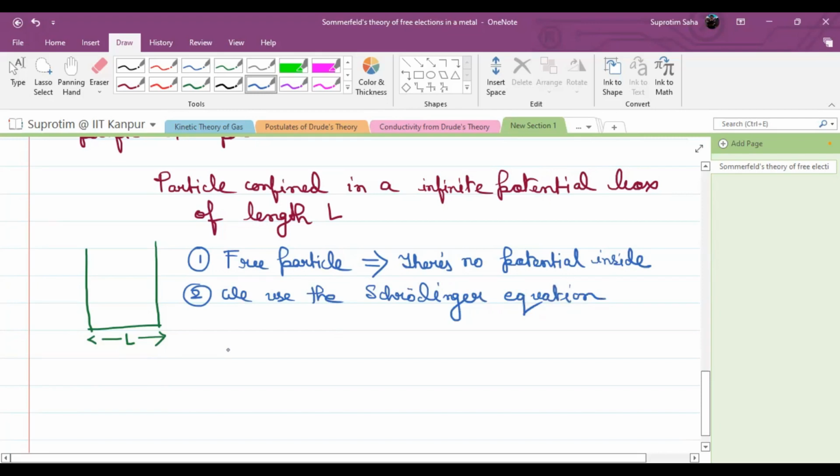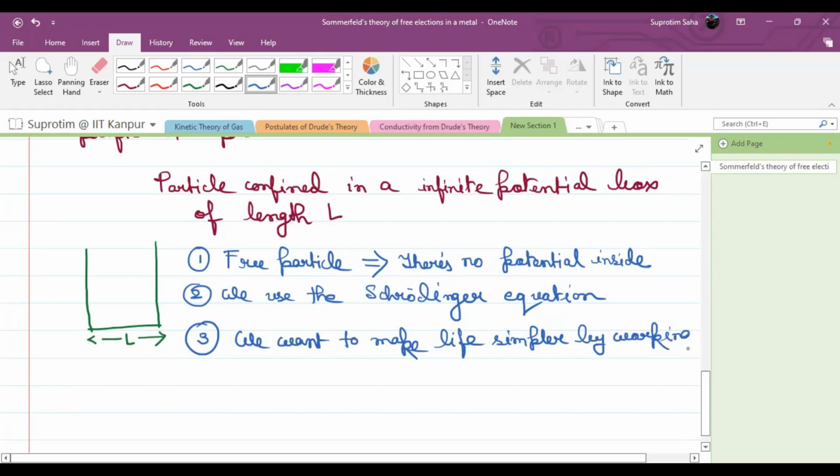And for simplicity, we are going to work in one dimension.